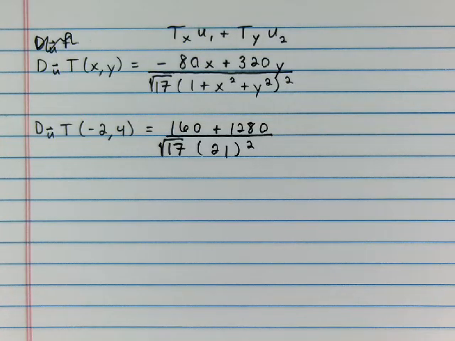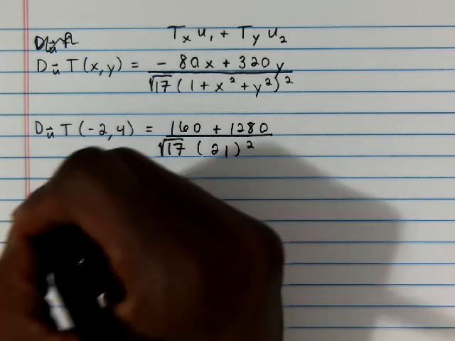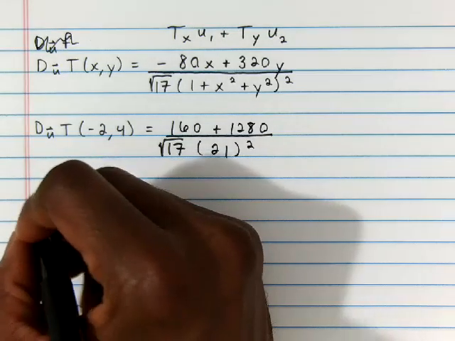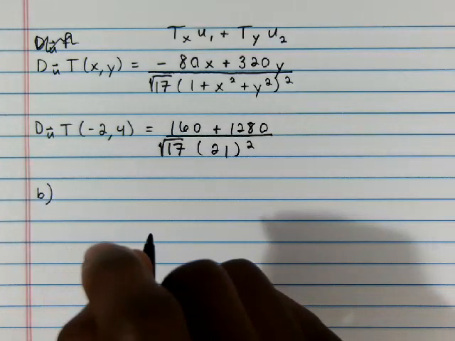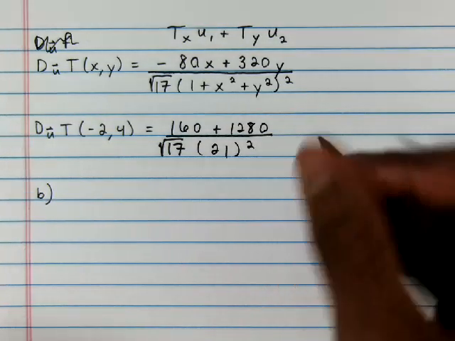All right, now that was just part A of the problem. Part B of the problem says, suppose the particle travels at a speed of 5 meters per second. How fast is the temperature changing with respect to time as the particle passes through the point -2, 4? All right, so I actually won't have time to finish part B here. So let's see, what do we get here?